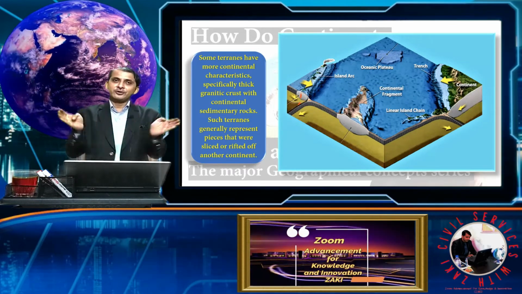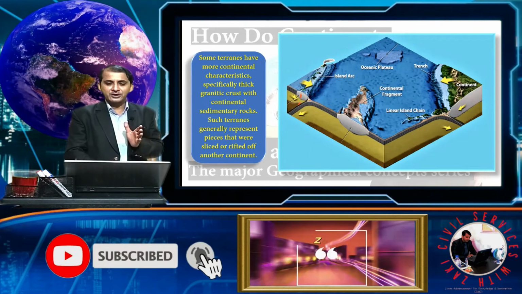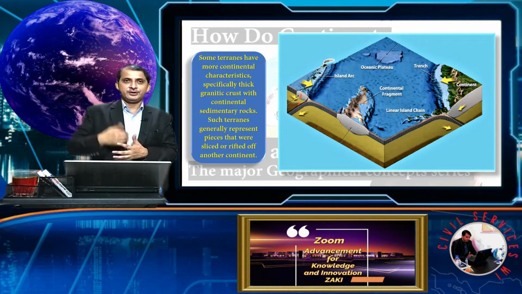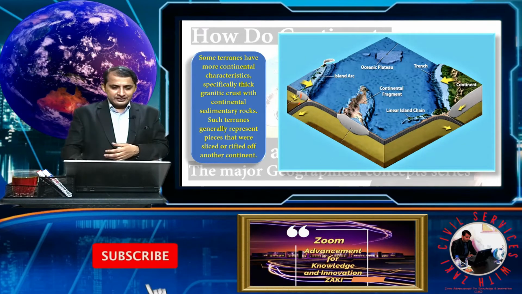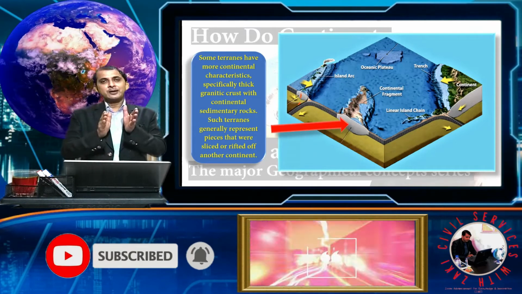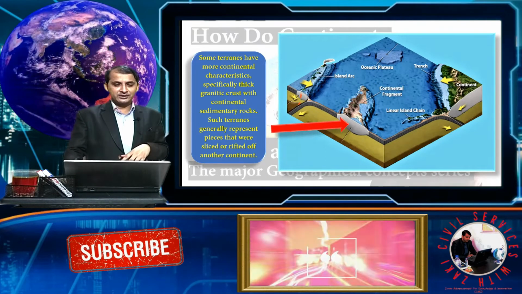As you know, continents join and rift together. So this is a fragment of the continent, and this was once a part of the continent, a fragmented continent.